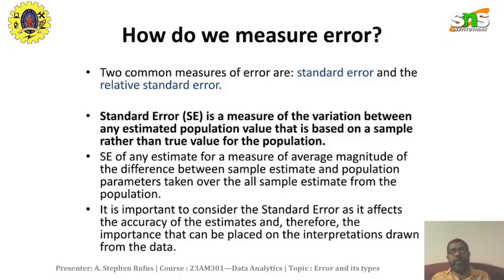I hope you can remember what error measurement is. What we shared earlier is the relativity between the estimated population value from the sample and the true value for the population. The standard error is the measure of the magnitude of the difference between the sample and the population parameters.